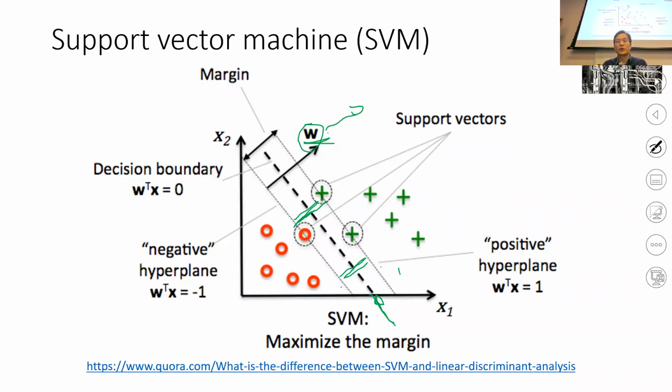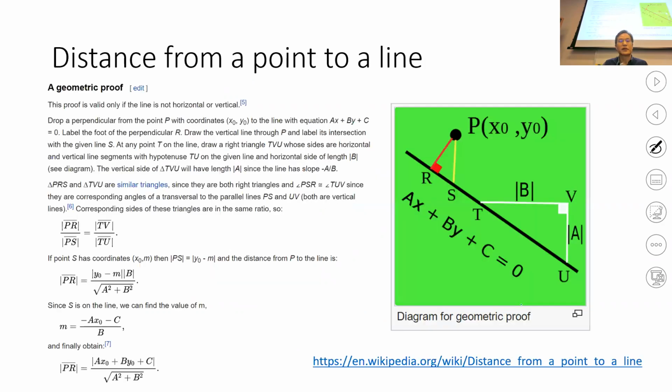How can you look at this to do the optimization? Why do you optimize this? Okay, so we are going to prepare some of this underlying principle. We will need a concept: how can you compute the distance from a point to a line?